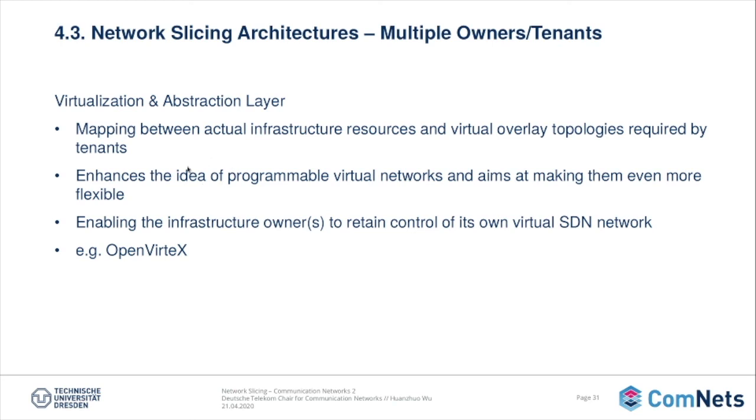Users can use the whole address space and change the virtual network at runtime. Slices also can be automatically recovered from physical failure. So one of the typical examples is OpenVirteX, which we mentioned in the last slide.